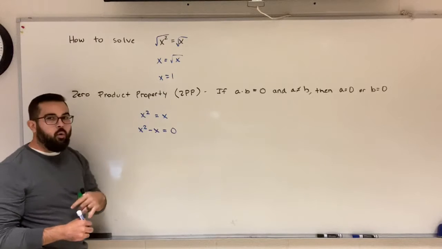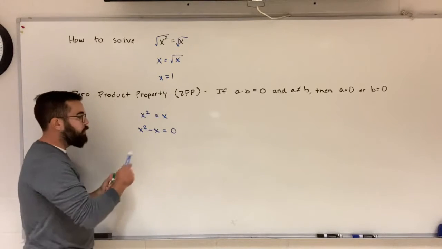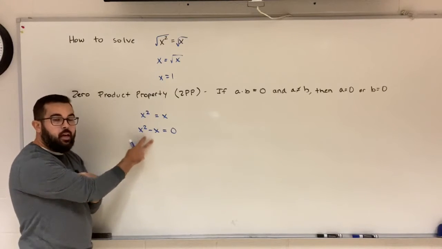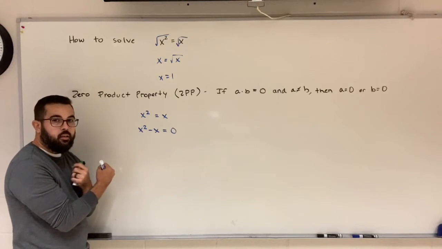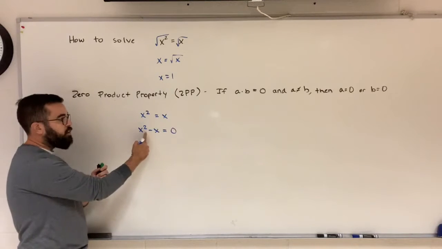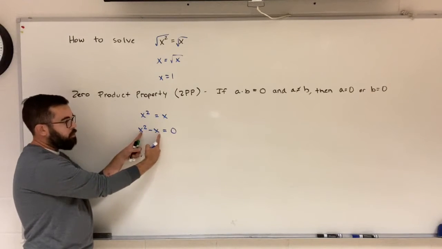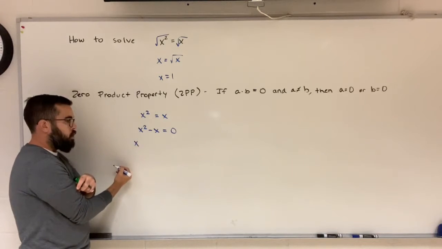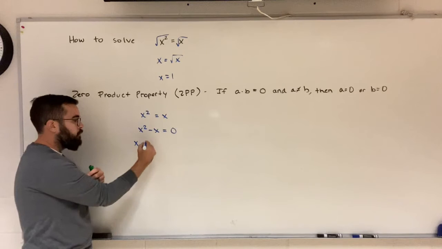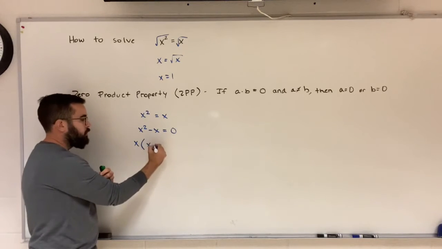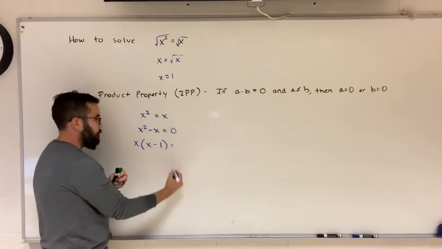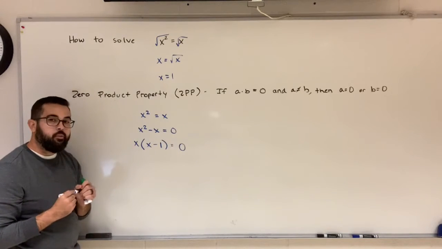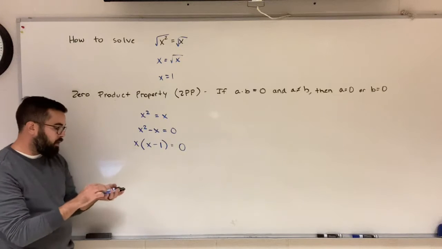Well, if you think about what we've been practicing for the past week, we've been practicing factoring. And factoring takes something that's a sum or a difference and makes it a product. So we can factor out a greatest common factor from x squared and x. That is x. x would be the GCF. And then what's left is x minus 1, and that's equal to 0. Now we have a product, right?